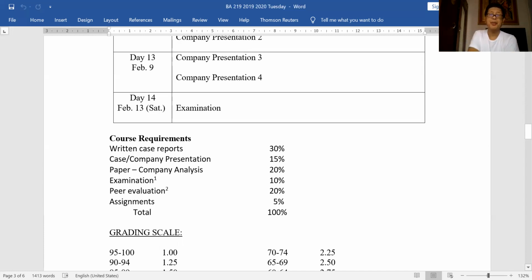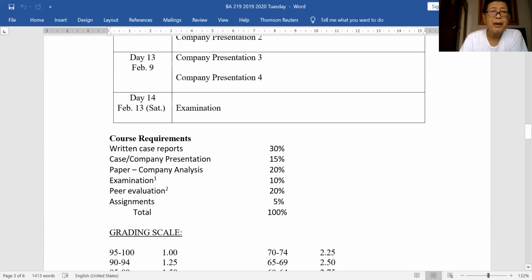If you look at the breakdown of your grade, 20% is on peer evaluation. So your peers are going to evaluate you based on how much you have contributed to the group work, and of course how cooperative and diligent you are. So don't be a free rider.